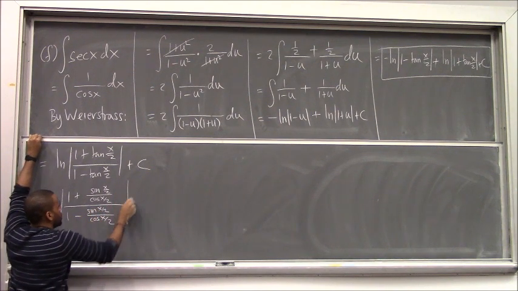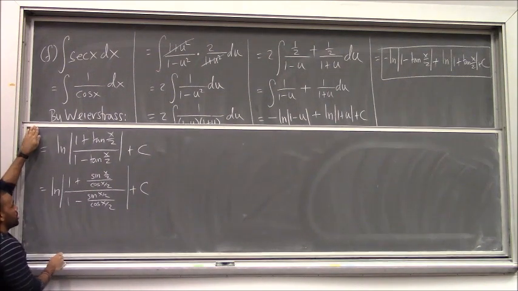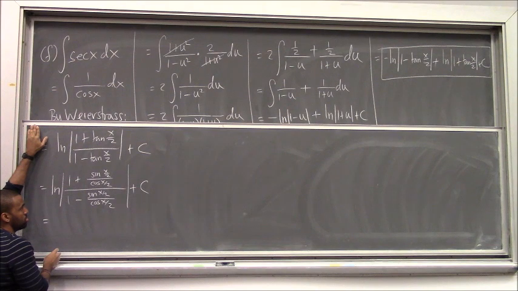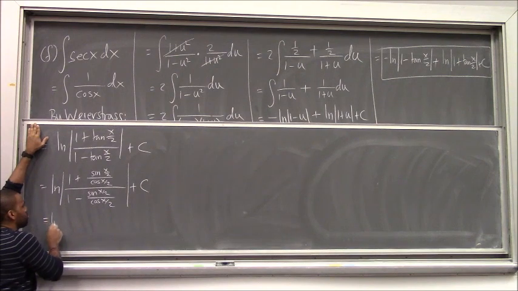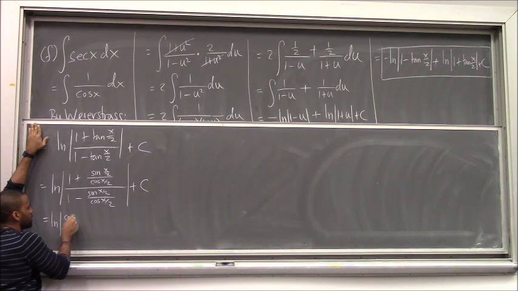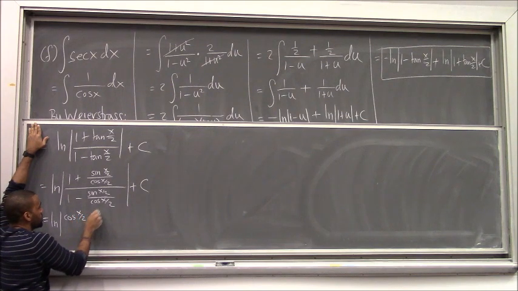And then you multiply by cosine of x over 2 over cosine of x over 2. I'd probably want to get rid of the compound fractions first, if I multiply by cosine x over 2 over itself.